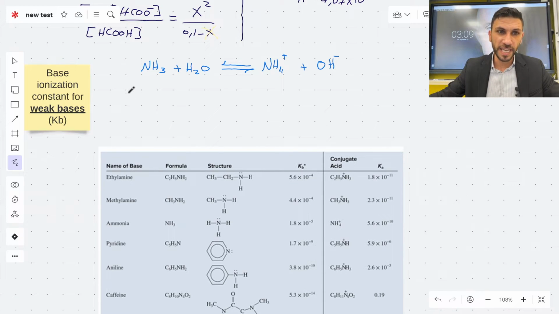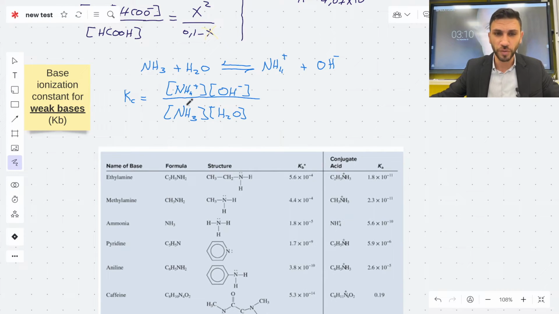We need to write the Kc for this reaction, which equals products: NH4 positive concentration multiplied by concentration of OH negative divided by the concentration of NH3 multiplied by the concentration of H2O. So the concentration of the product divided by the concentration of the reactants.